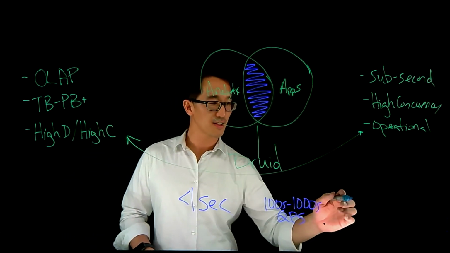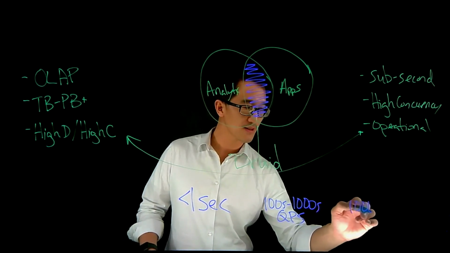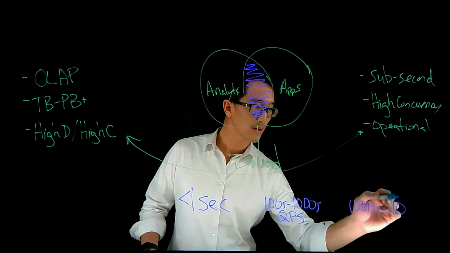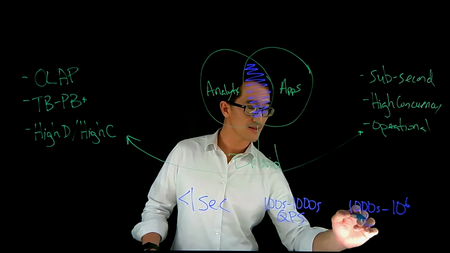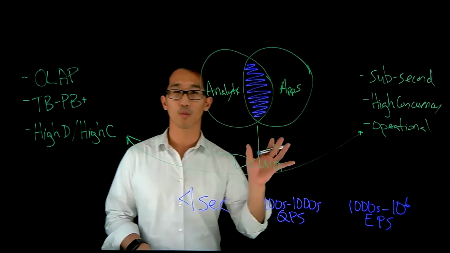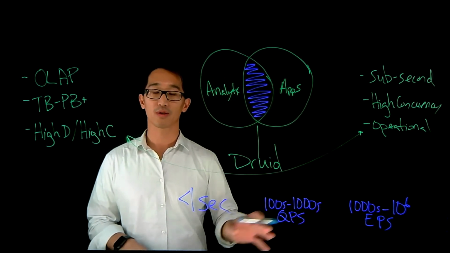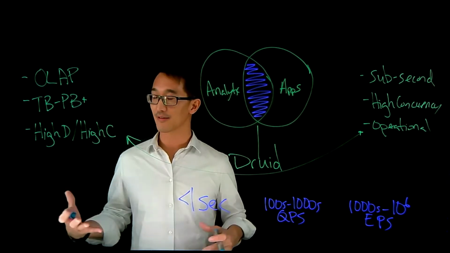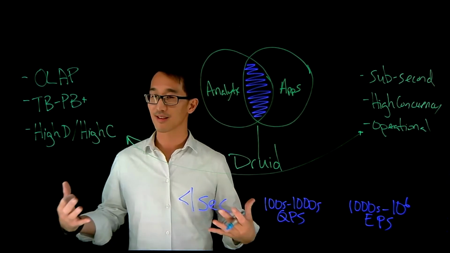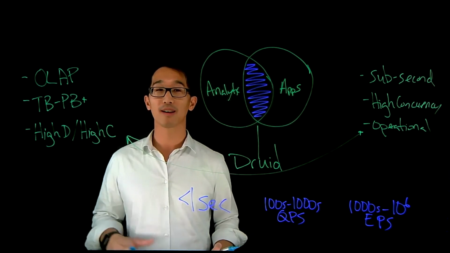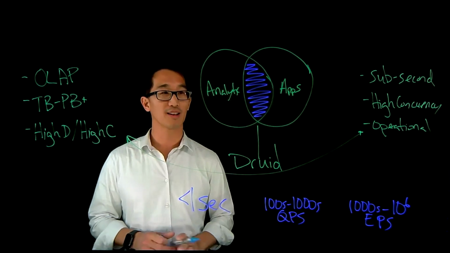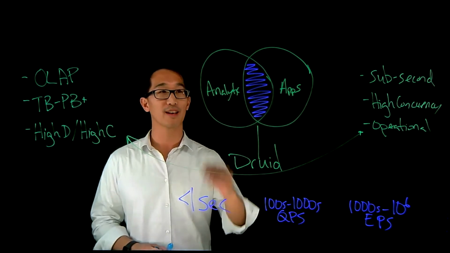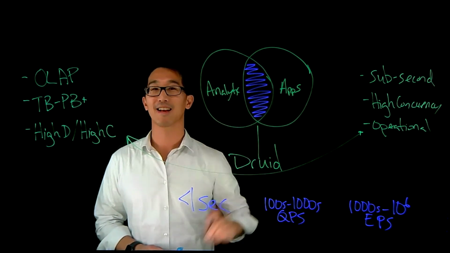And the third is the ability to support thousands to millions of events per second, leveraging real-time data with historical context. It's for these reasons that folks like Confluent, Twitter, Netflix, Pinterest, Airbnb, and so many others are building with Apache Druid, a database that's purpose-built for the intersection of analytics and applications.